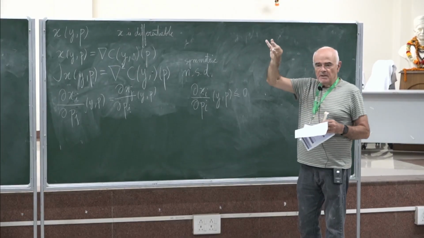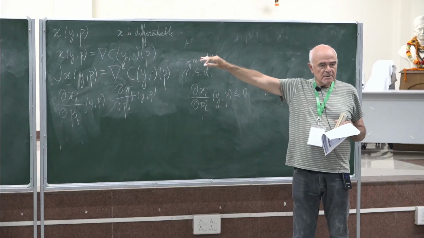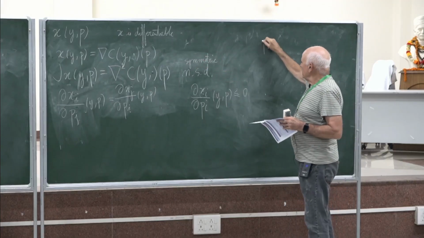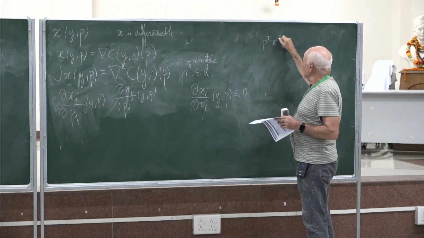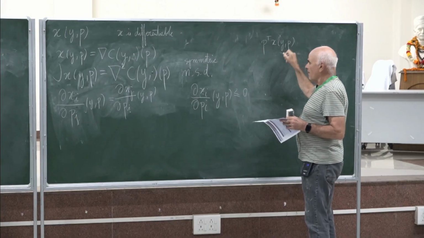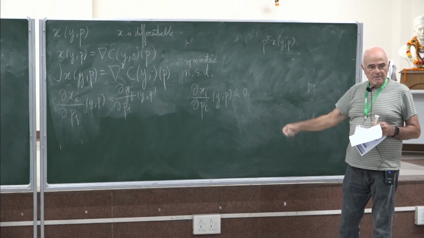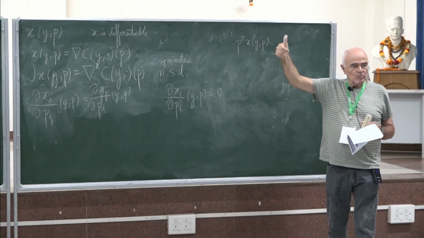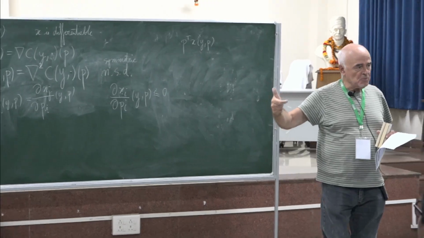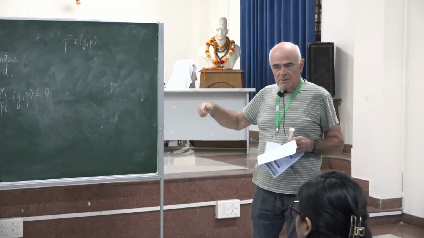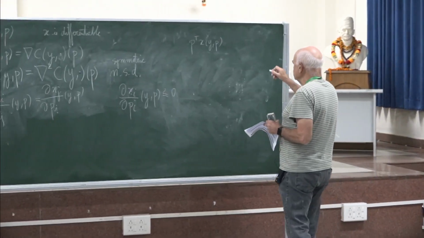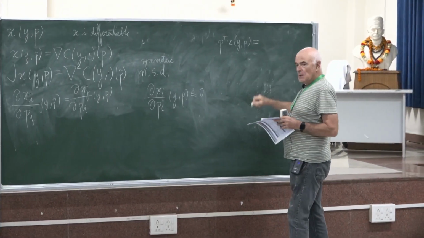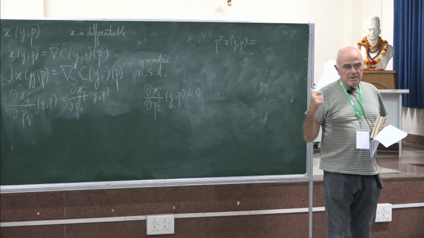Instead of the inner product of p and x, I will write p transpose x of y, p. So everything is a column vector and T denotes transpose. So this is the inner product. Can you tell me what this is equal to?